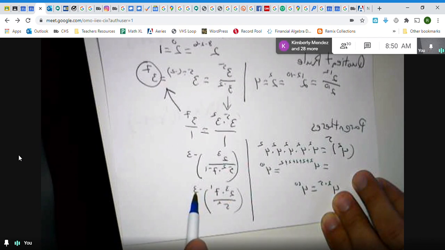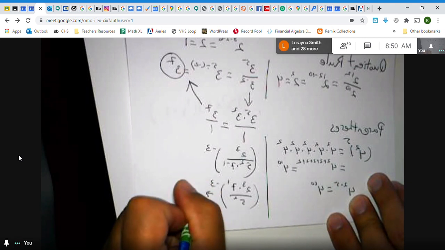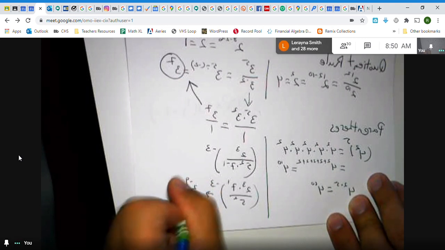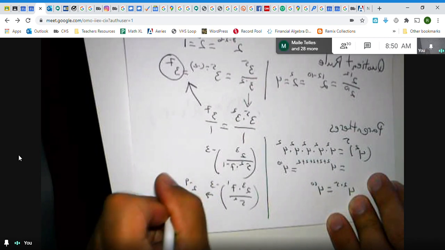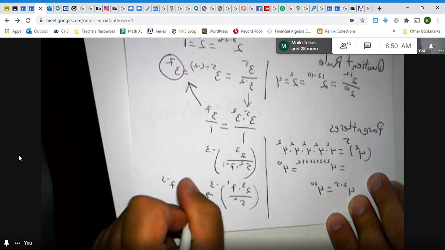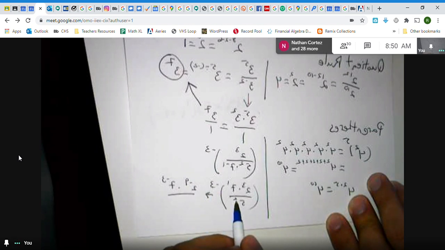So I'm going to rewrite my problem like this. Now here's the other rule that you do with parentheses. I'm going to distribute this exponent to all the other exponents and multiply. That will give me 2 to the negative 9th, because 3 times negative 3. It will give me 7 to the negative 3rd, and it'll give me 5 to the negative 6.